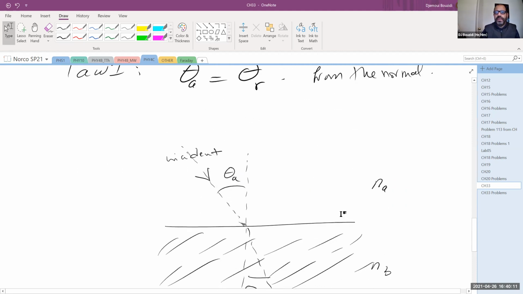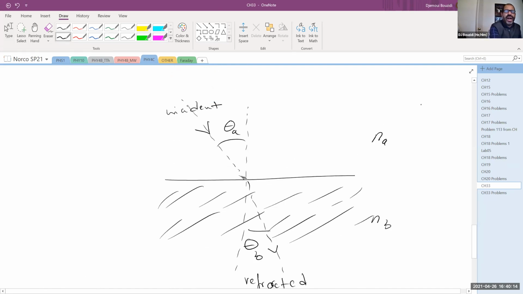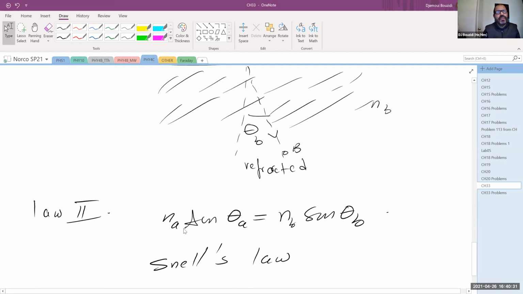And we're also going to use the principle of Fermat, saying that if light has to travel between point A and point B again, by refracting through this medium, it will do so in such a way that the time it takes going from A to B is given by this expression, using the least time. I added it in the notes for the chapter, to show that these two laws are true, okay?